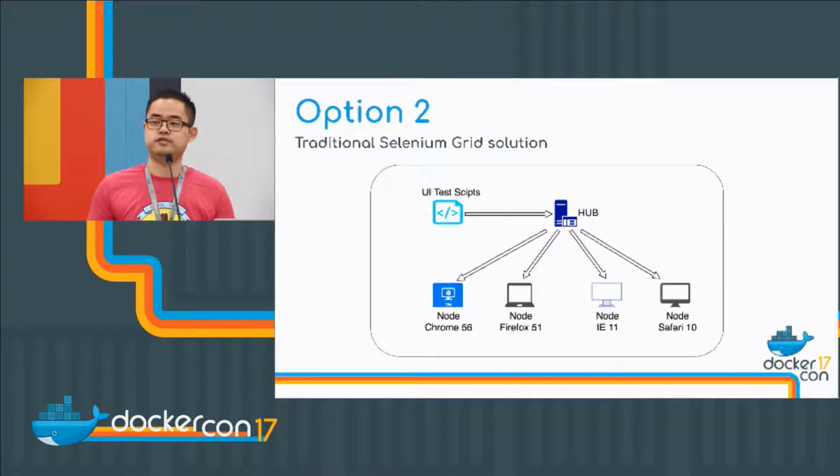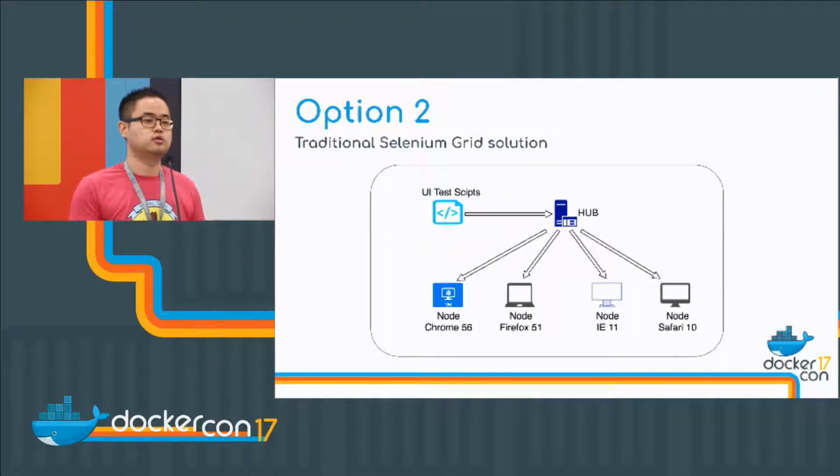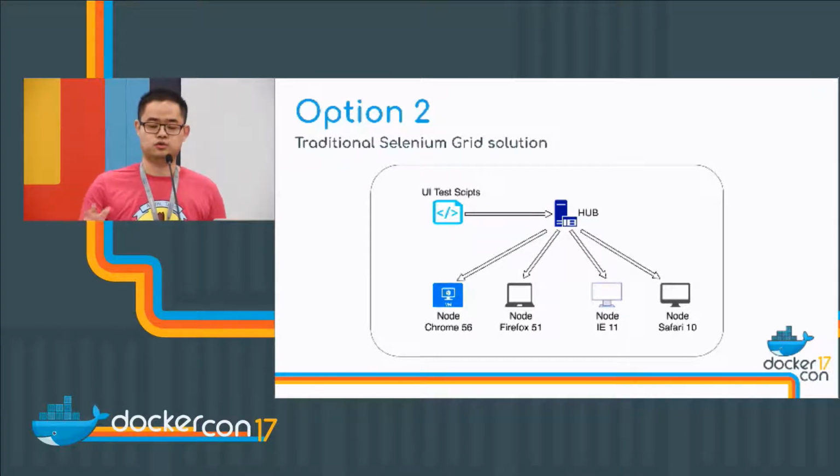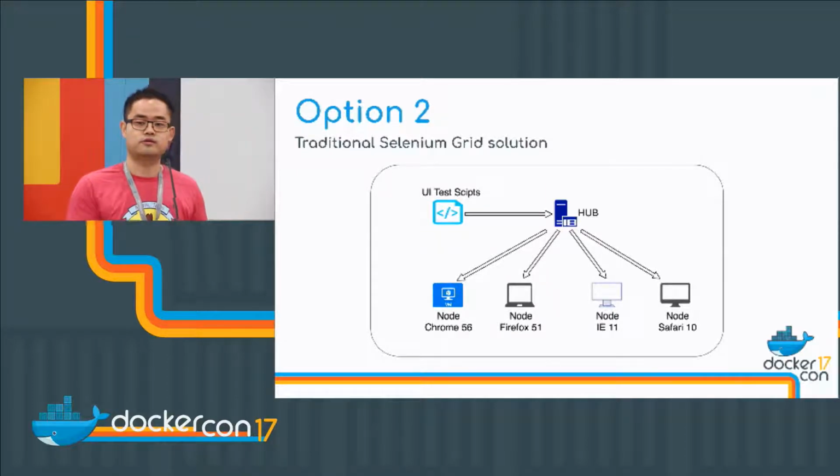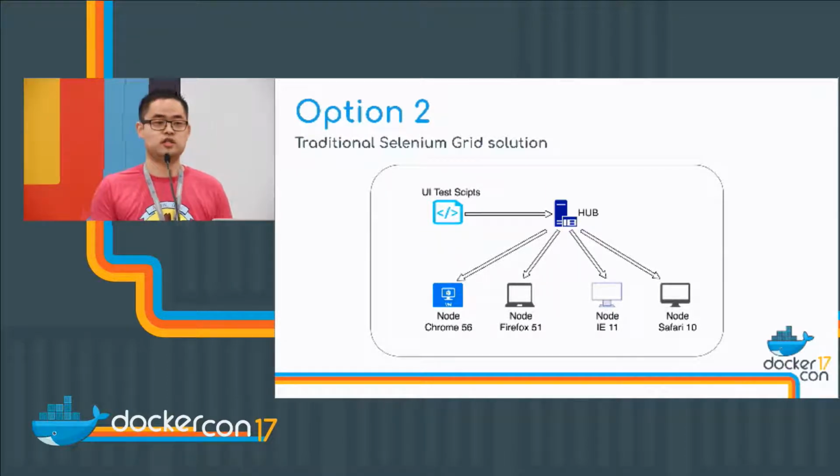So once all these nodes are registered, the grid setup is complete. Now I can point my UI tests to the hub machine. So when the tests run, they are automatically dispatched to one or more node machines, where browsers are created and execute them.